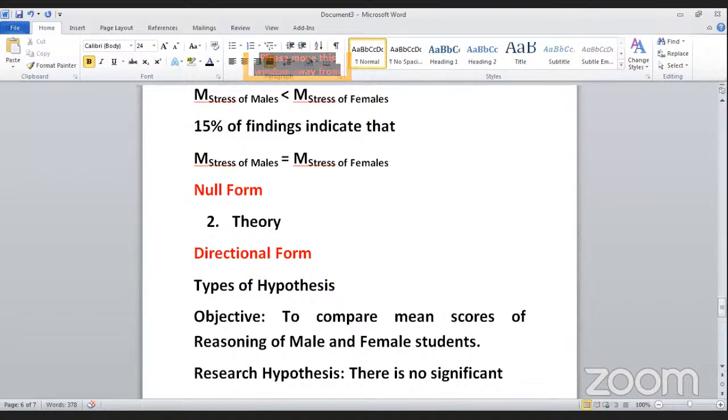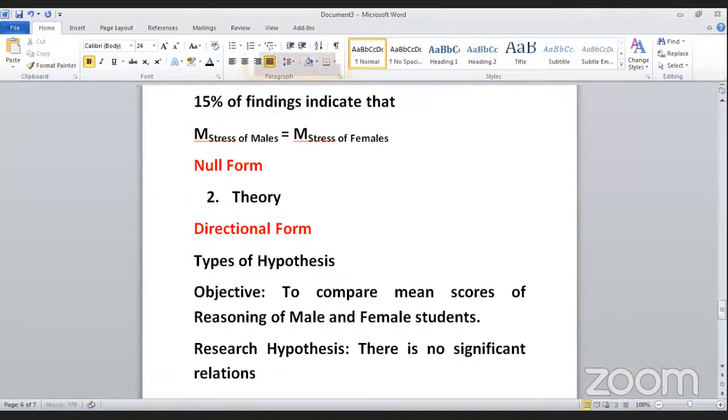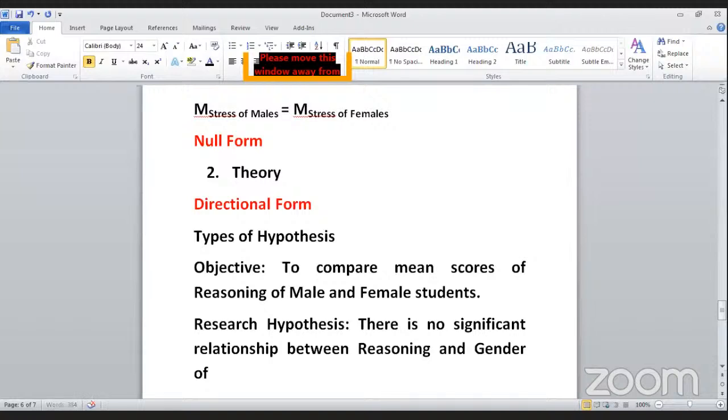So there is no significant relationship between reasoning and gender of students.